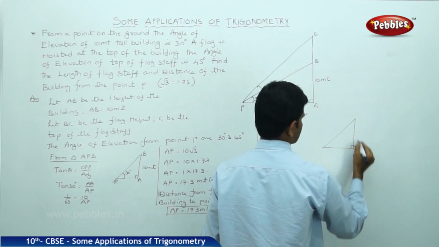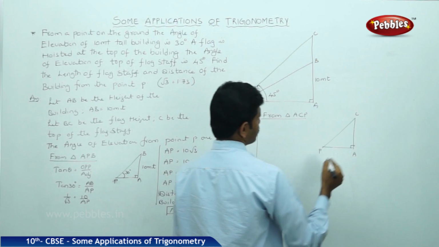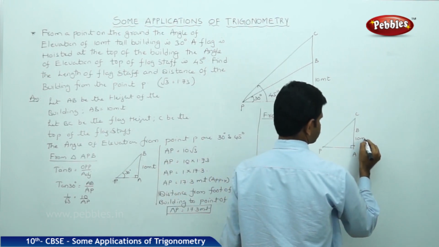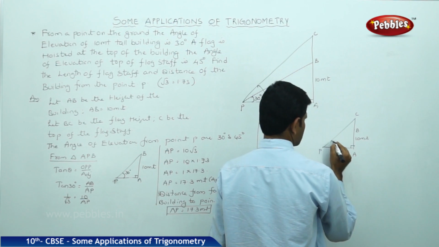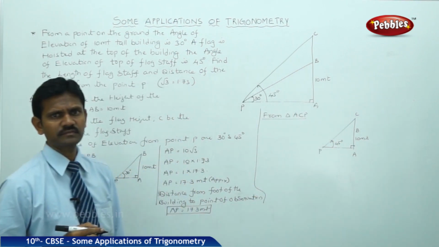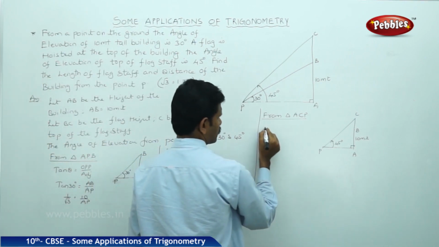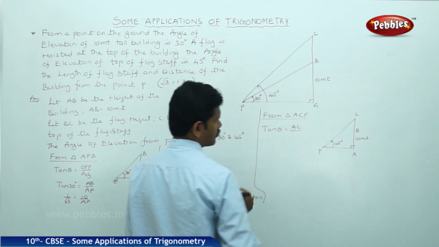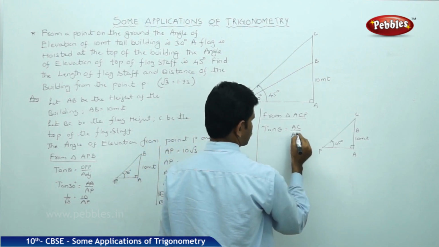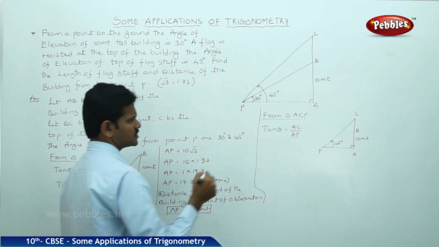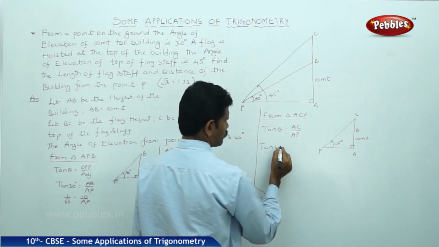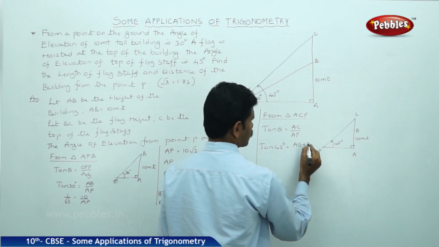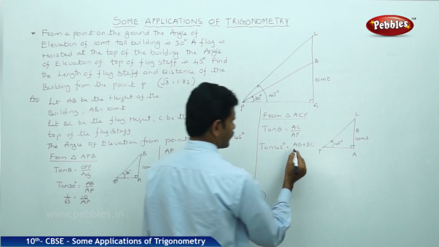Right angle is at A, C, there is a P. In between, the point B is there, which is 10 meters in height, and the angle of elevation is 45 degrees, that is tan theta is equal to opposite side AC by adjacent side AP, that is tan 45 degrees is equal to AC, which can be broken down into two parts, that is AB plus BC, by AP.